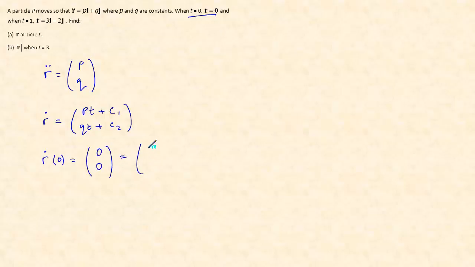So that means that pt plus c1 and qt plus c2 is 0 when t is 0, and of course when t is 0, these are 0, so that just gives us c1 equals 0 and c2 equals 0. So now we have that r dot is just going to be (pt, qt).